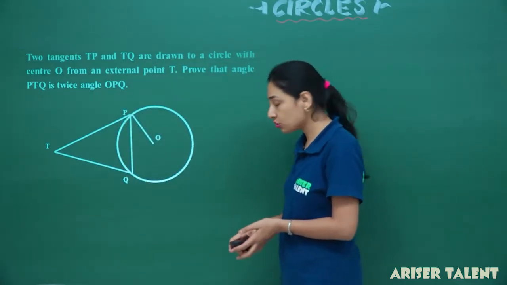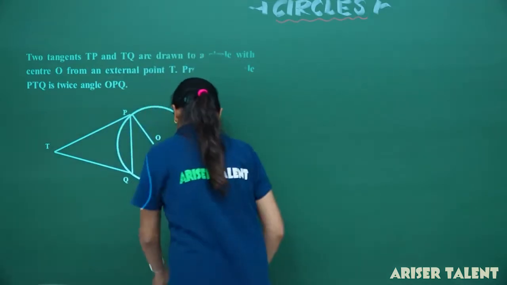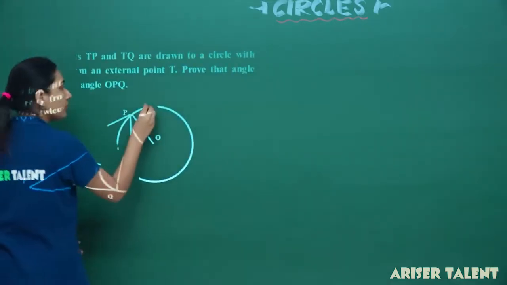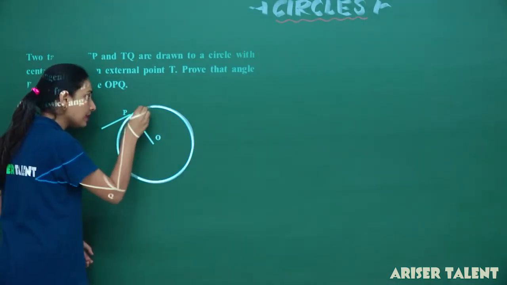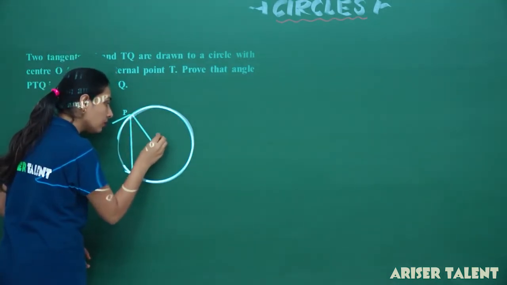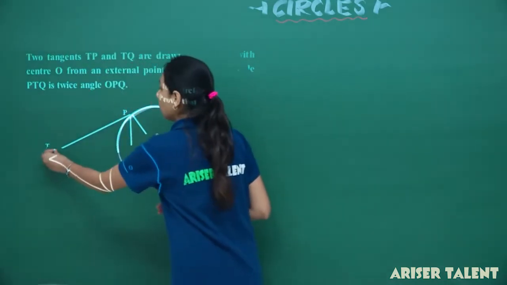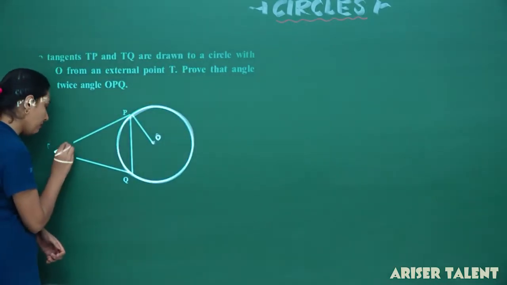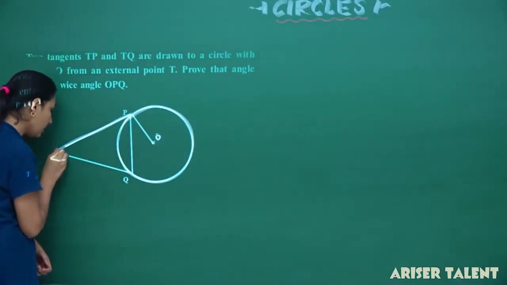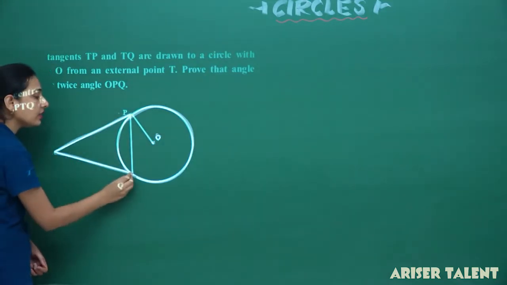Okay, students. Let me tell you what this question is telling you. This is a circle with the center O. We have a point outside it, which we'll name T, and two tangents from there, one is TP and another one is TQ.